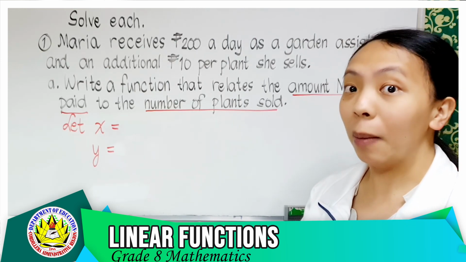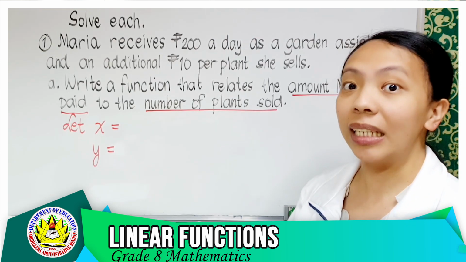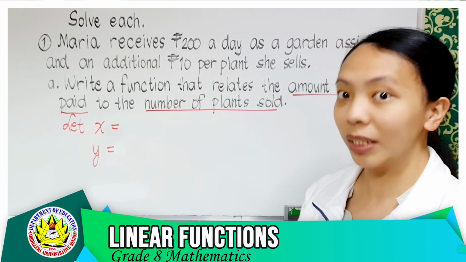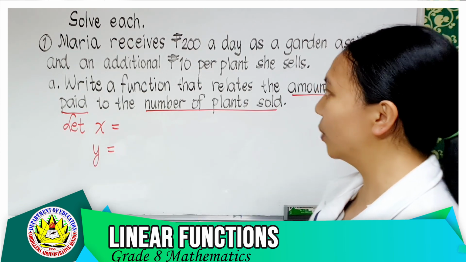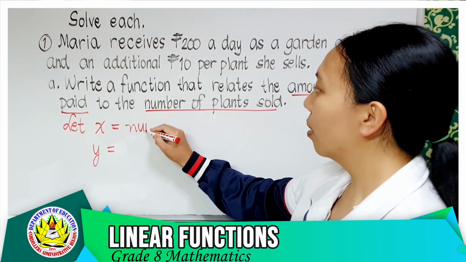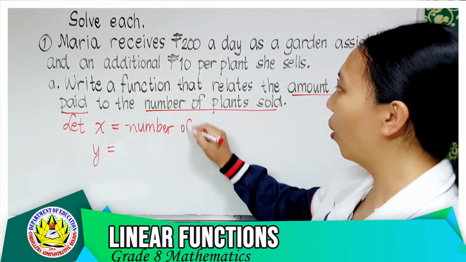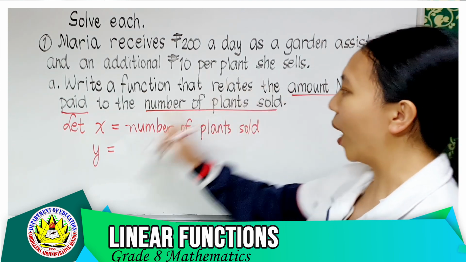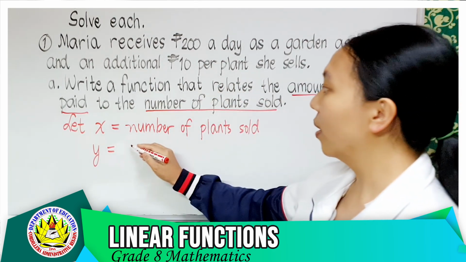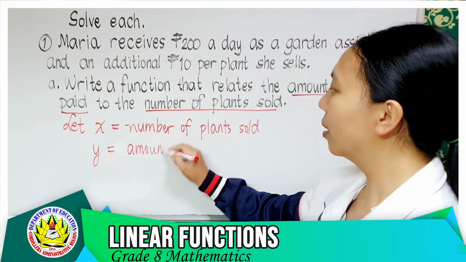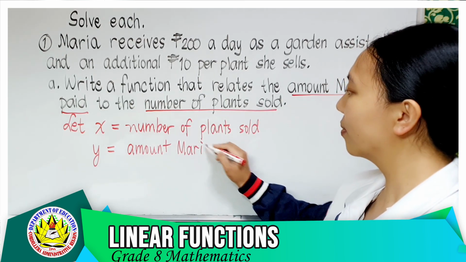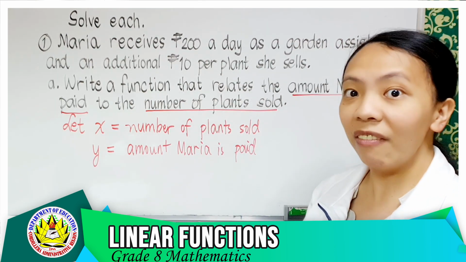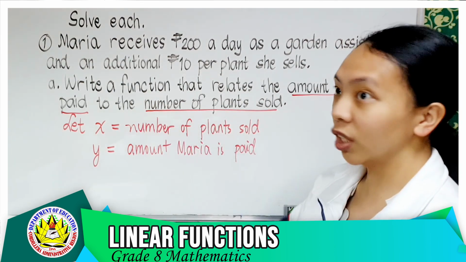Therefore, the amount she is paid is dependent on the number of plants she will be able to sell. Thus, x would stand for the number of plants sold, while y stands for the amount Maria is paid.